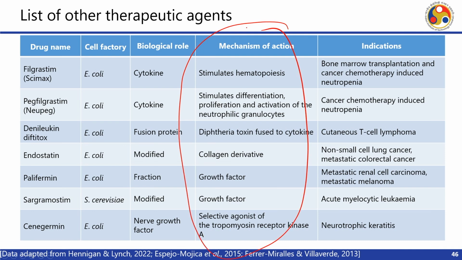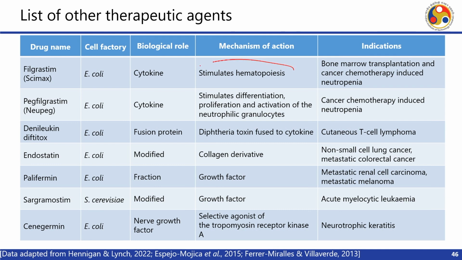For example, filgrastim stimulates hematopoiesis, and it is used in bone marrow transplantation and cancer chemotherapy induced neutropenia. Then we have pegfilgrastim, also known as Neulasta. This stimulates differentiation, proliferation and activation of the neutrophilic granulocytes, used in cancer chemotherapy induced neutropenia.